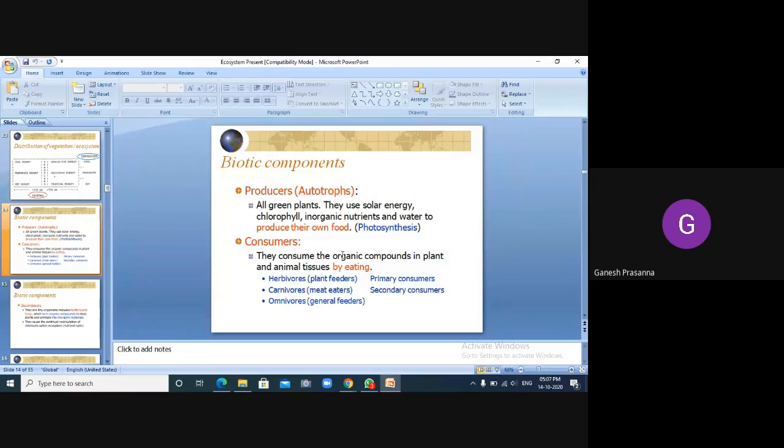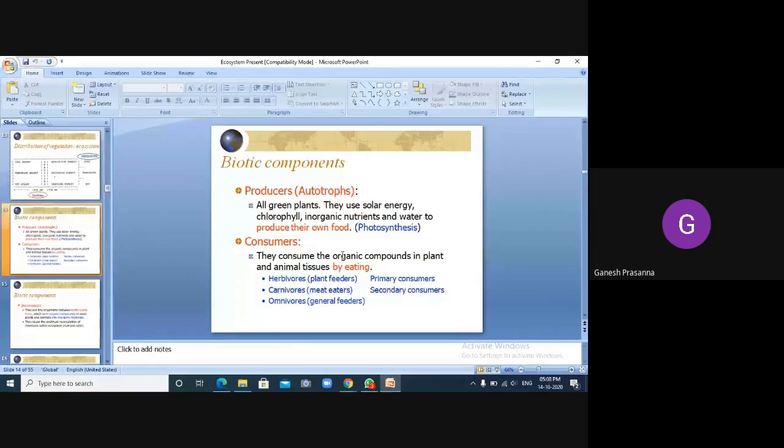Coming to the biotic components, you have the producers and the consumers. Producers are also called autotrophs, as they produce their own food, like your green plants. They use solar energy, chlorophyll, inorganic nutrients, and water to produce their own food using a process called photosynthesis.